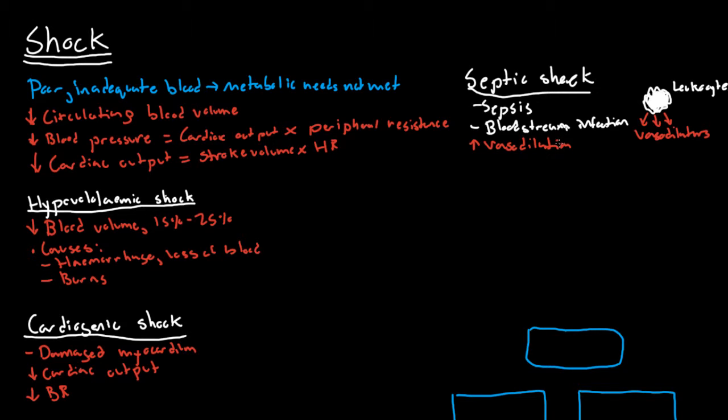And you might be wondering how exactly this causes shock, and really that's because severe and extensive vasodilation is going to cause a huge decrease in blood pressure. Remember, we said blood pressure is cardiac output times peripheral resistance. And peripheral resistance is basically the equivalent to how much vasoconstriction or dilation there is in the body. So if you decrease the peripheral resistance a lot through vasodilation, you can get dangerously low levels of blood pressure.